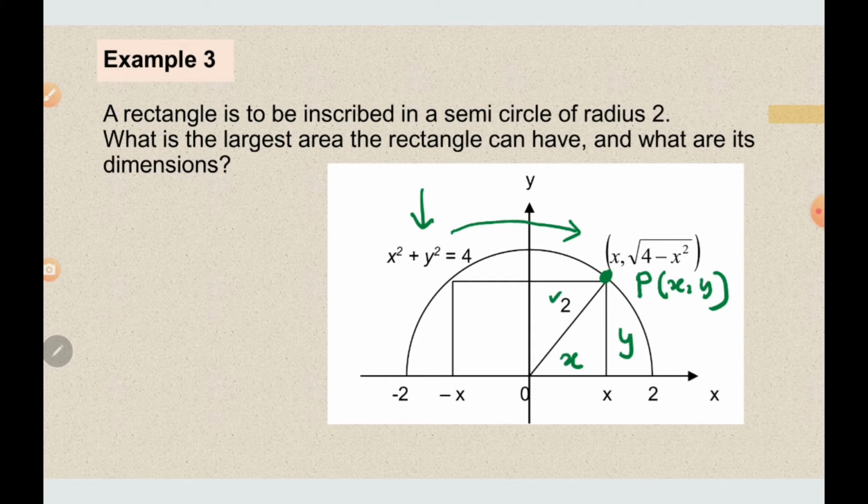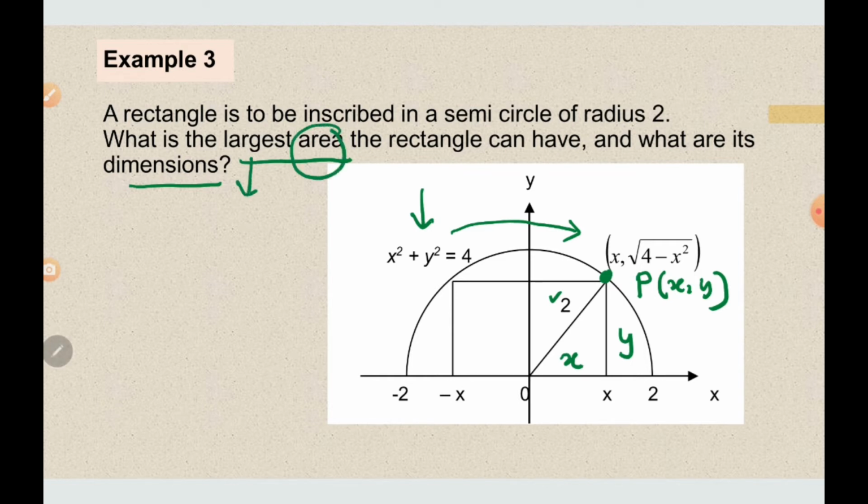Now, what is the question asked here? The question asks what is the largest area the rectangle can have and what are the dimensions. So what is the function to be maximized here? I want you to ask yourself that. The function to be maximized here is area.